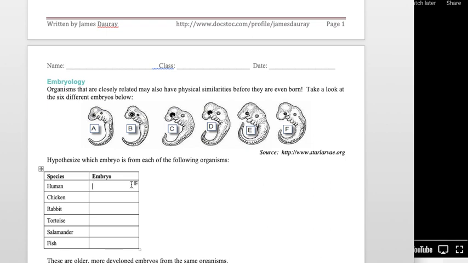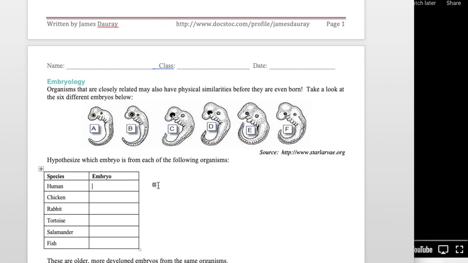And so we're on the second page of our evidence of evolution. Here you have 6 different embryos. Organisms that are closely related may also have physical similarities before they're even born. If you look at A through F, they all look fairly similar.